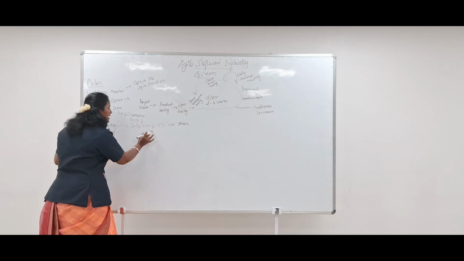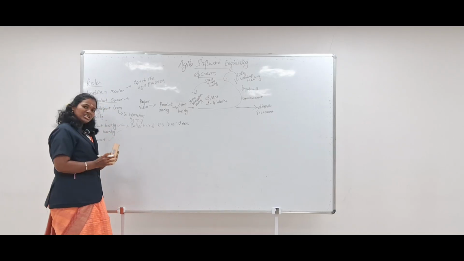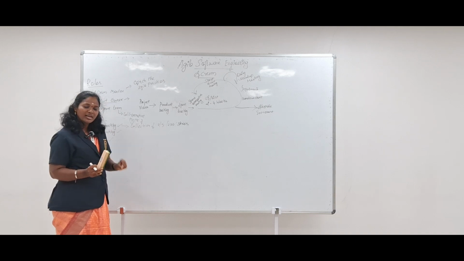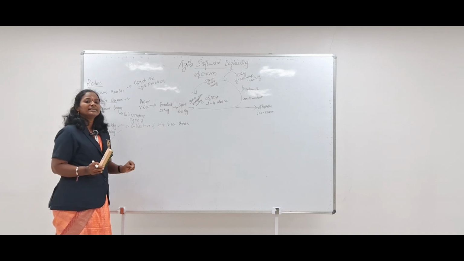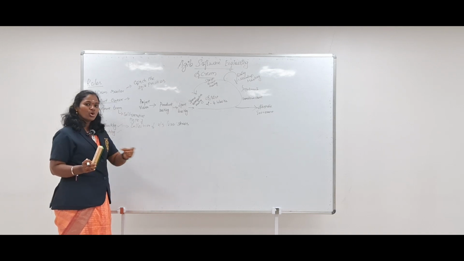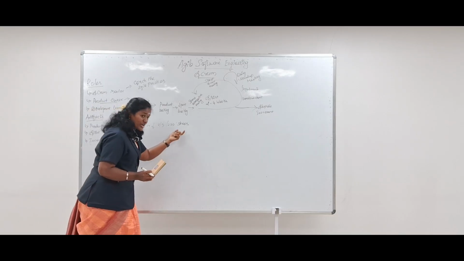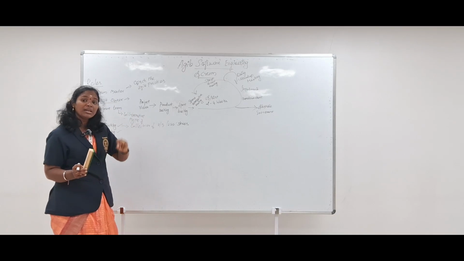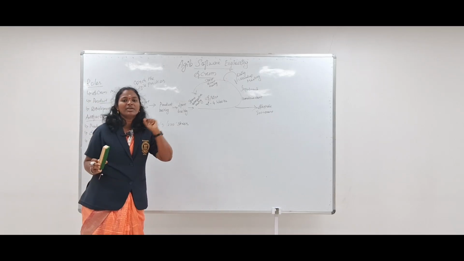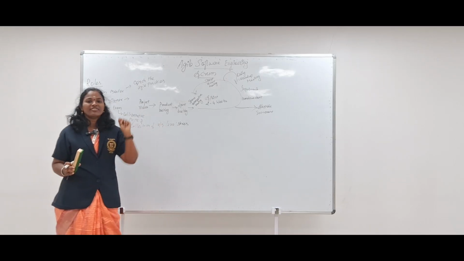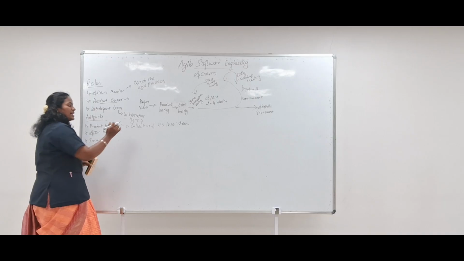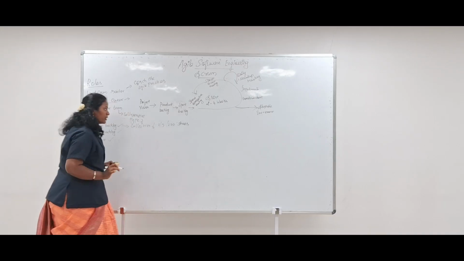From the use cases, we collect the high-level functionality called epics. From the epics, we convert them into user stories, where the user stories will be prioritized and given to the development team for development purposes. So this is the collection of user stories.